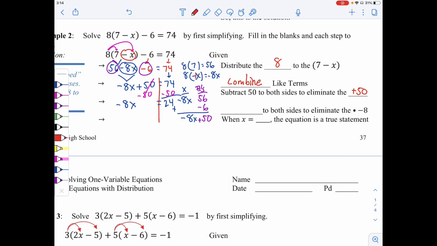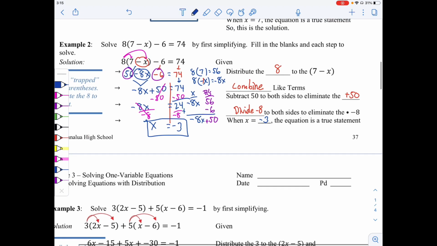Then we're going to divide both sides by negative 8 to eliminate that multiplying negative 8. We're left with x equals 24 divided by negative 8, which is negative 3. So x is negative 3, and the equation is a true statement.